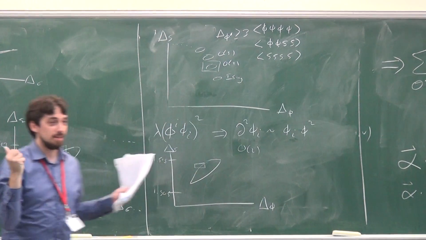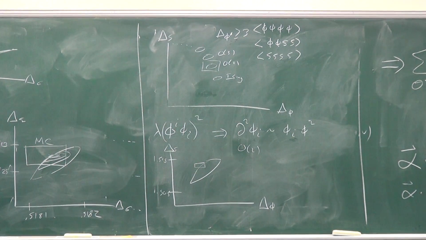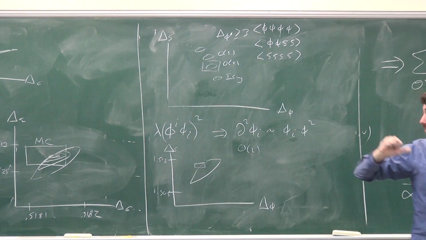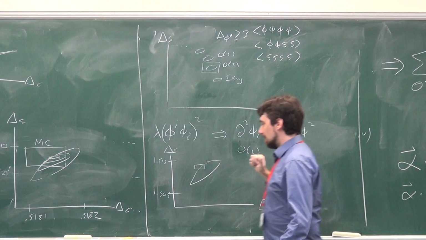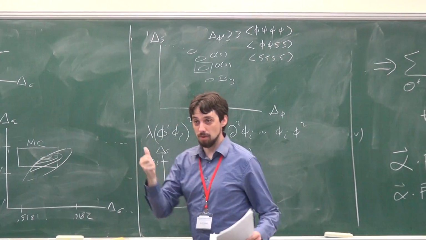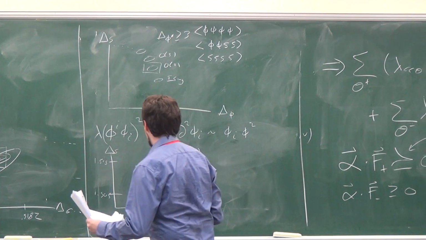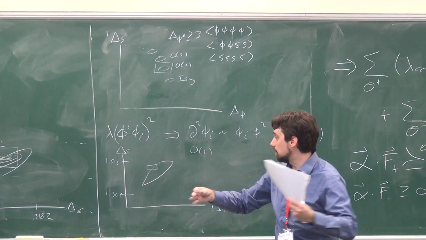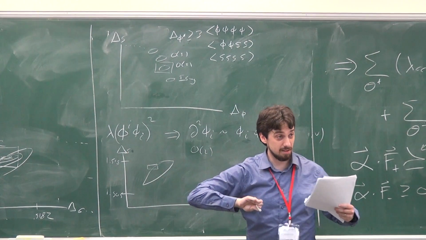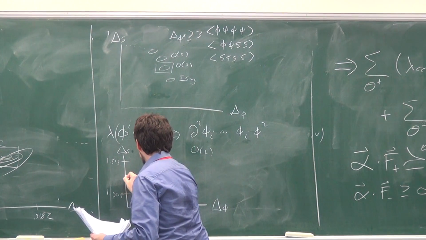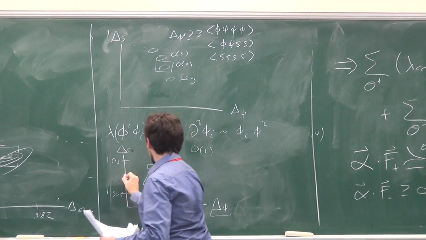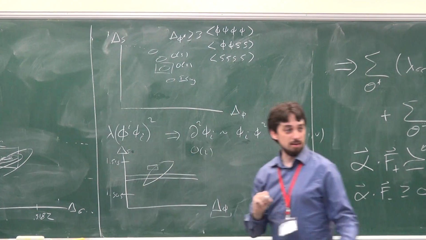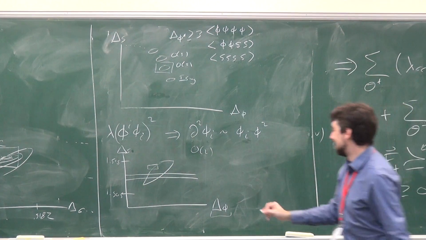Actually, these were done aboard the space shuttle in the 90s because they wanted to get rid of the effects of gravity to make very precise measurements of the specific heat of helium-4. Those measurements measure a critical exponent connected to the heat capacity. This turns into a determination of delta S, but they don't have any sensitivity to delta phi. So that's some band which sits down here.